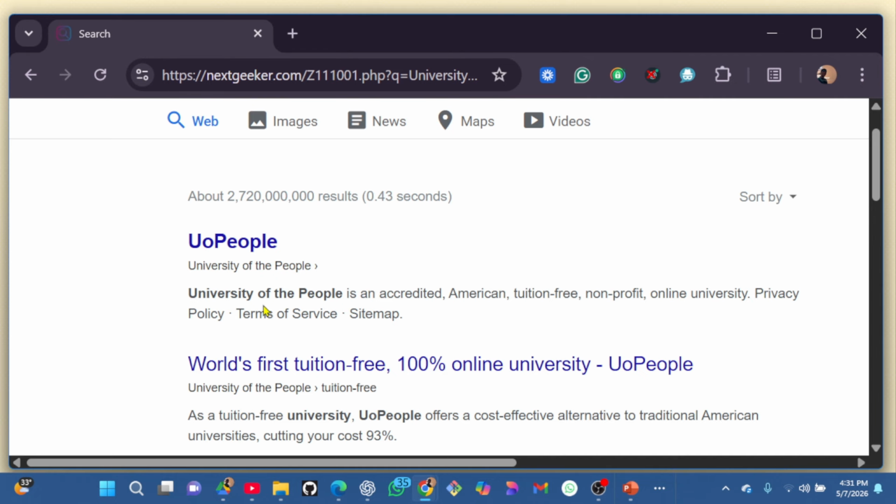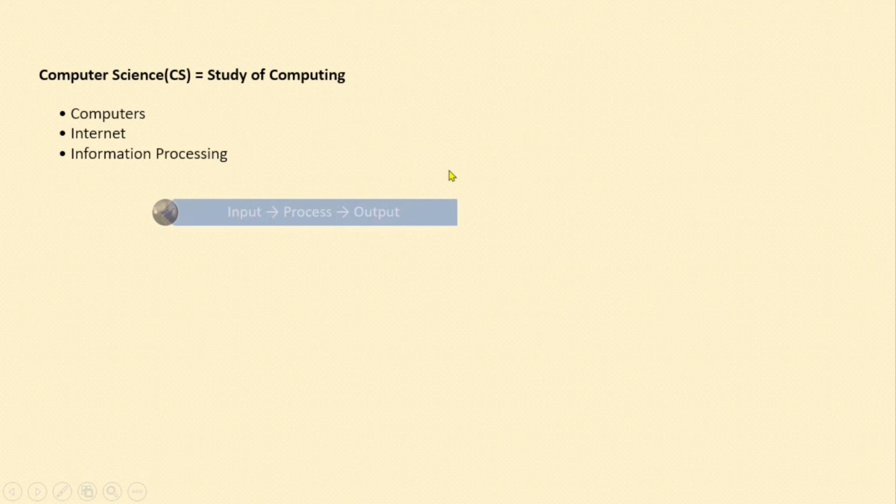And so all these things involved, this entire process is part of computer science, right? So to understand it better, think of computer science like this. Every system follows a simple pattern, right? And what are the patterns? Let's get to our lesson. It follows the input, that's you entering something into the search bar, and then it will process it, right?